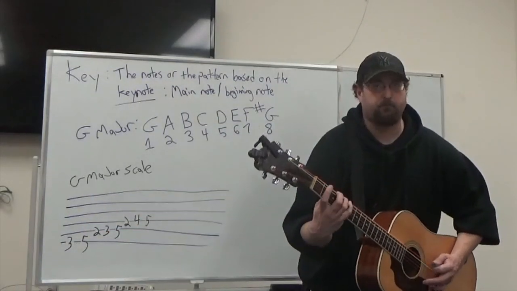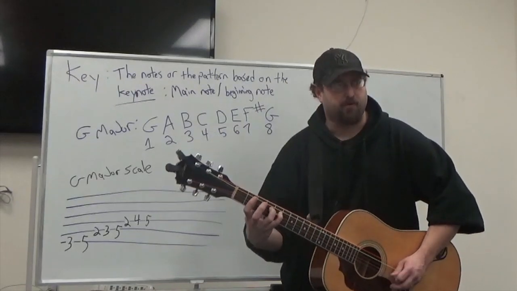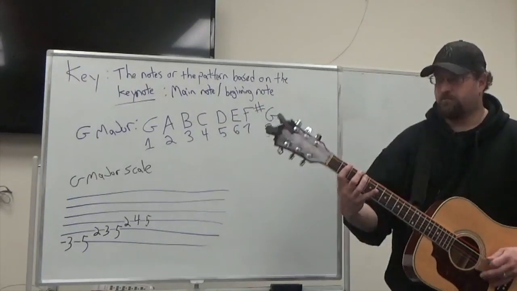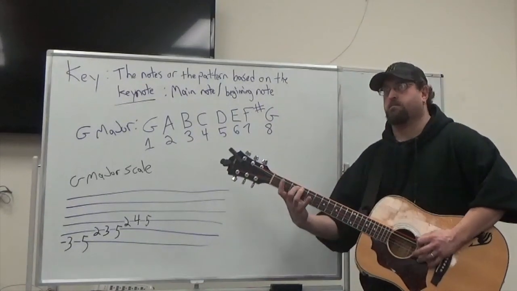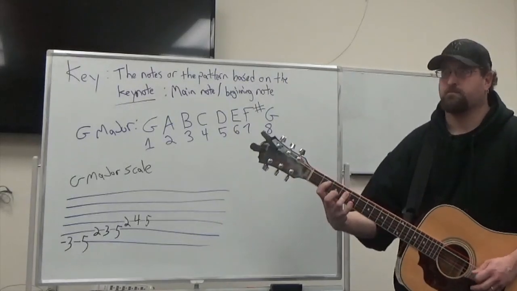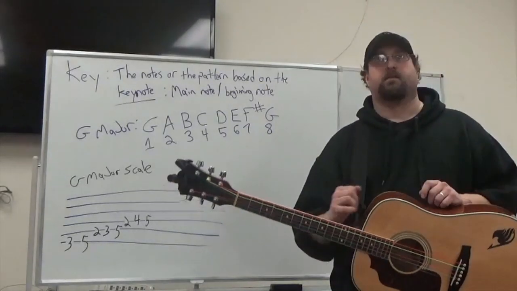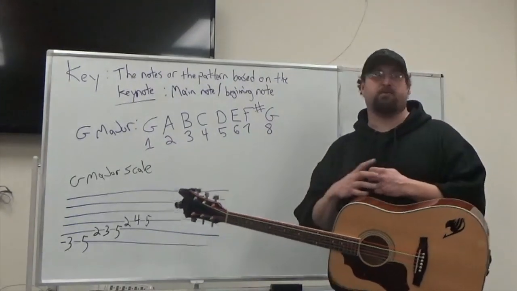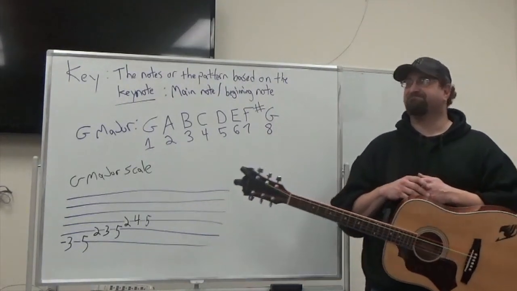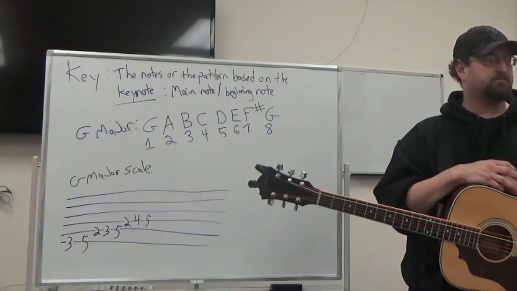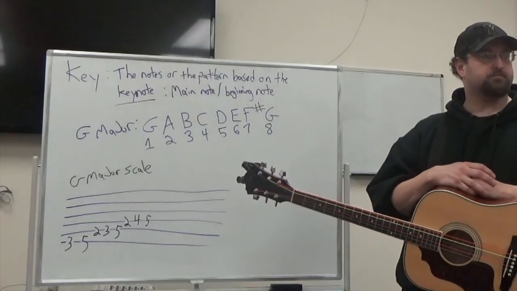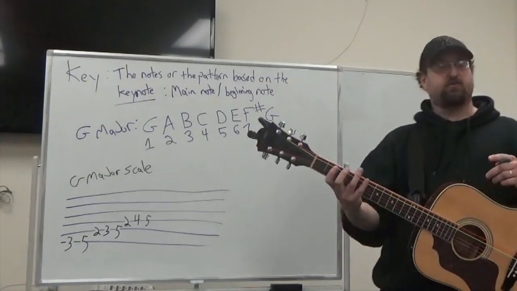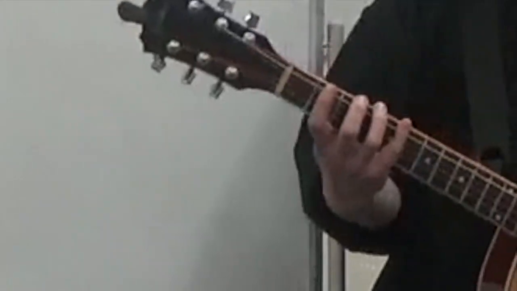So going up and then going low. And if you can play it as fast as I just did, then you get 10 bonus points. So yeah, use your pinky for the 5th fret.